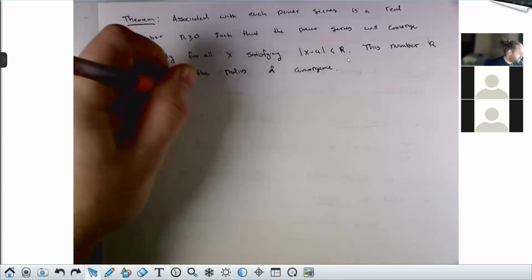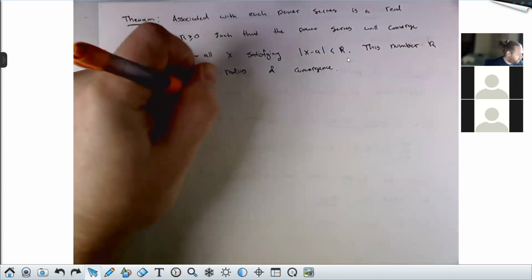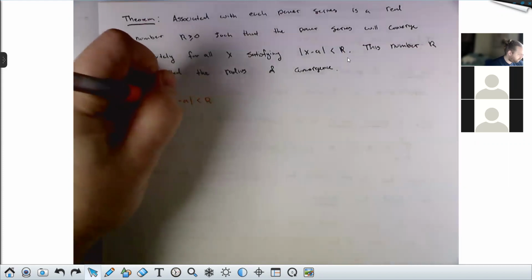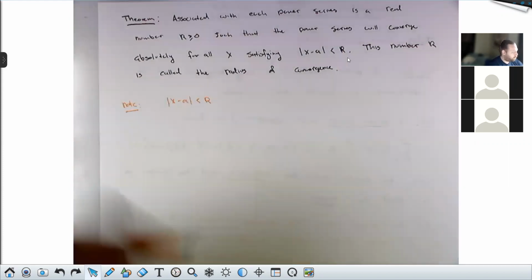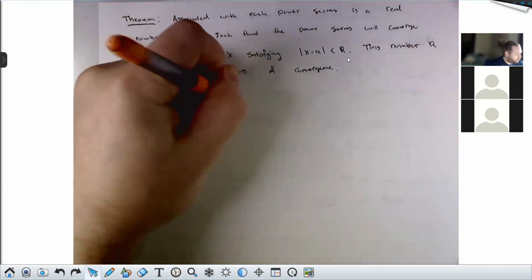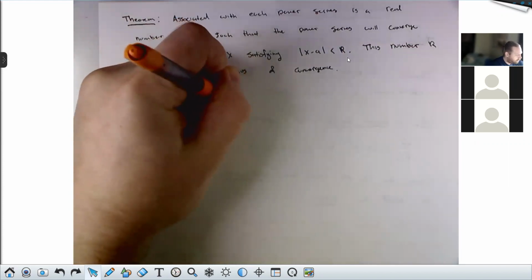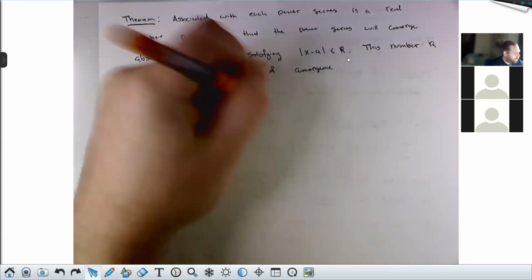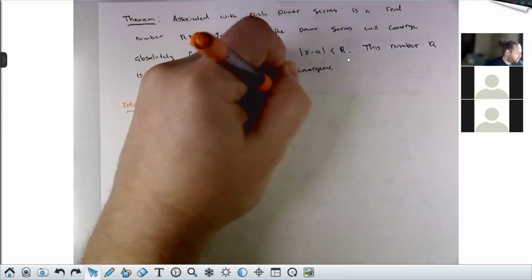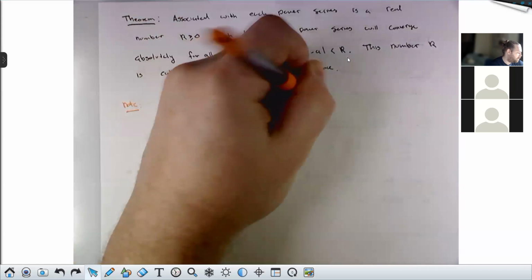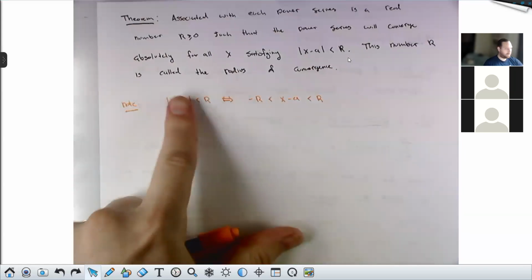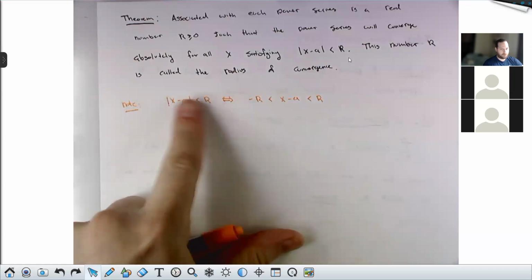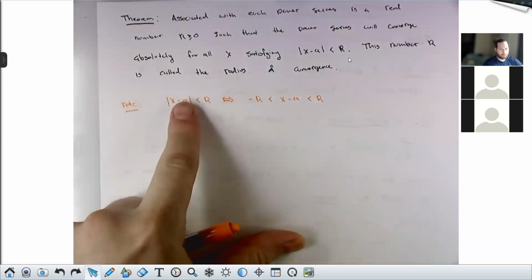Some of us have talked about this in office hours, back when you were solving a few of the problems from section 11.2. You ran into inequalities of this sort there. They can be unpacked as negative r is less than x minus a is less than positive r. If the absolute value of some expression is less than the number r, how is that possible?